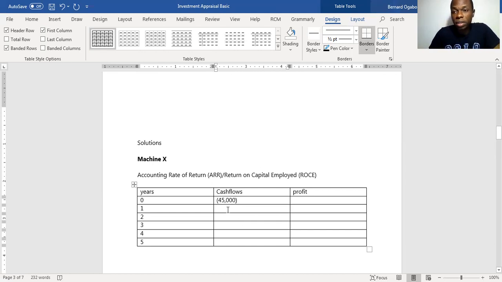Cash outflow is in negative, and if you made a loss, it's also negative. So we have 3,000. Then the second year we made a loss also of 1,000.